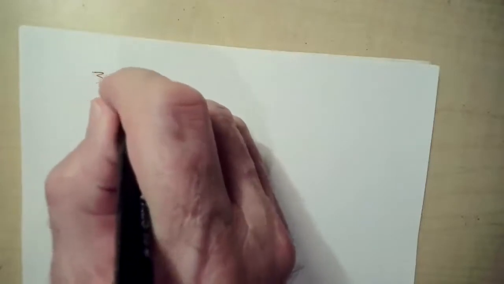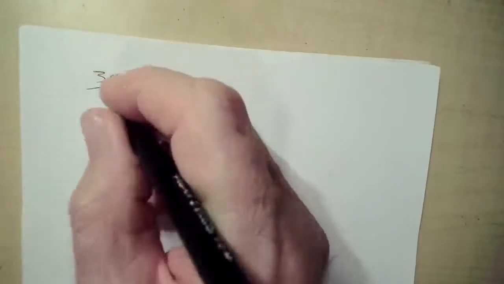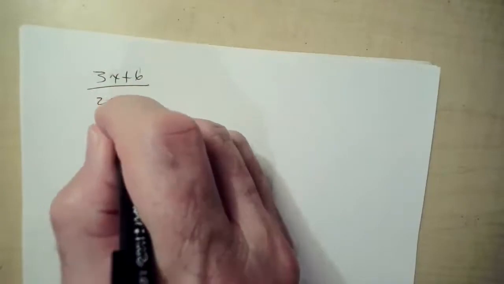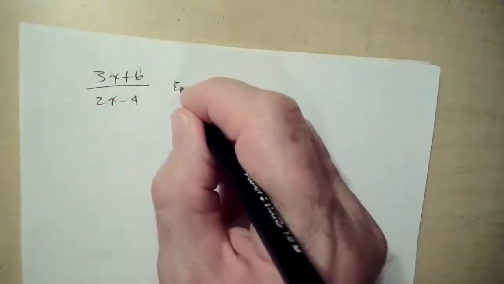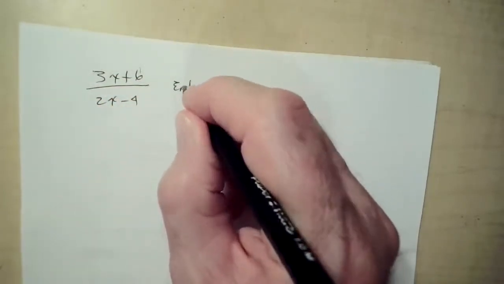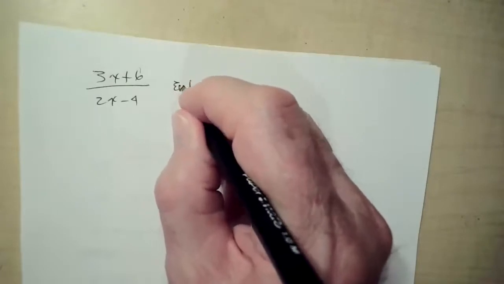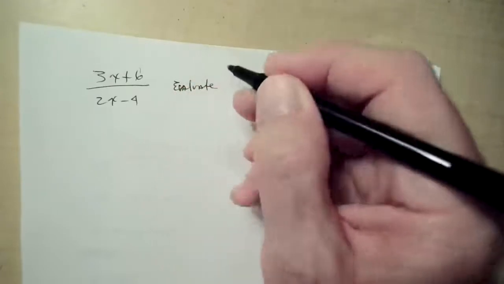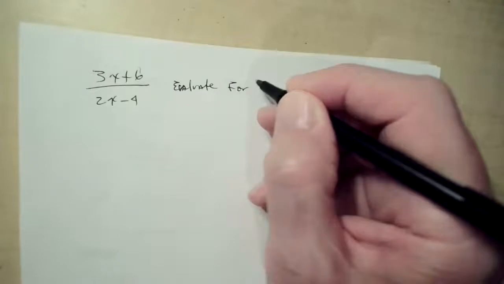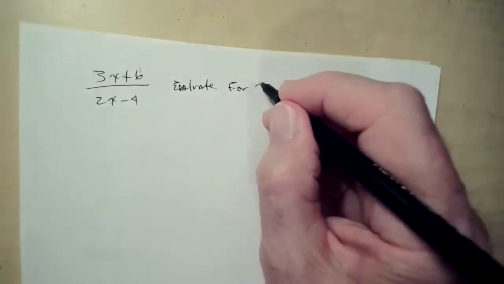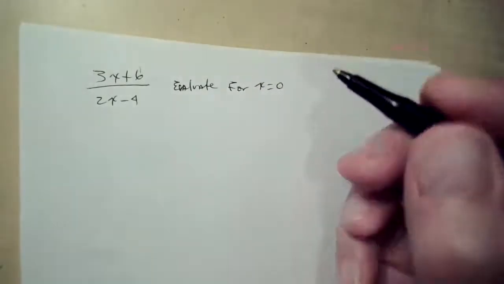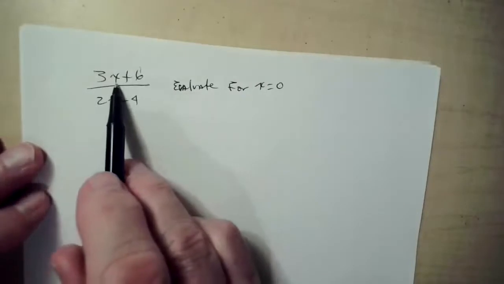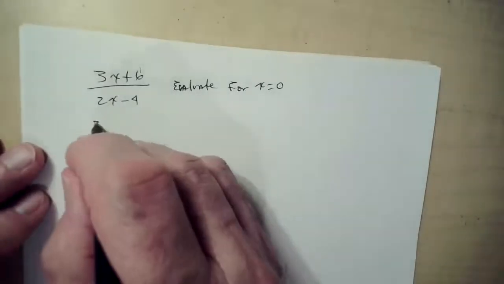Let's see. Let's use the same rational expression, 3x plus 6 over 2x minus 4. Evaluate for x equals 0.